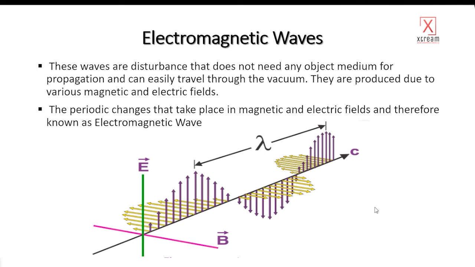These waves are a disturbance that does not need any object or medium for propagation and can easily travel through a vacuum. If you have seen satellite communications, they don't need any medium or object for wave propagation.